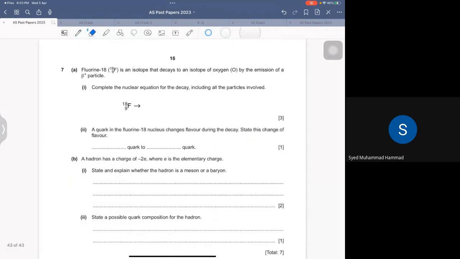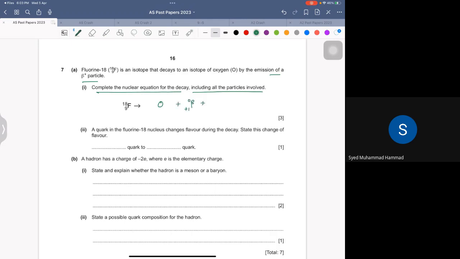All right. Then it says fluorine 18. Fluorine 18 is an isotope that decays into an isotope of oxygen by emission of beta particles. Complete the nuclear equation for the decay, including all the particles involved. So fluorine 18 is going into an isotope of oxygen and a beta particle, beta positive. So it's going positive.